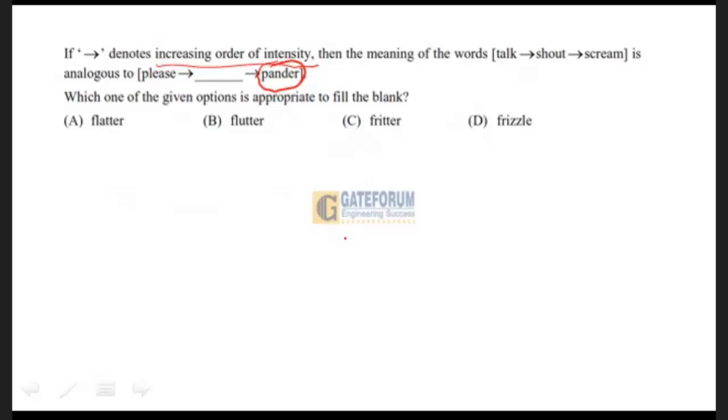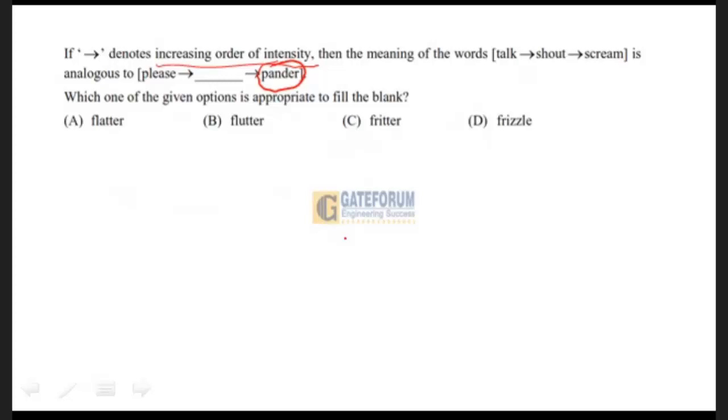I mean, if suppose I desire to do something that is not good, and if somebody indulges me and allows me, helps me to fulfill that desire, it is known as pandering. Pandering is the extreme form.